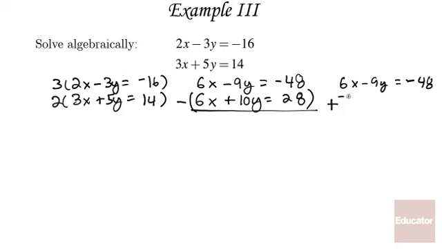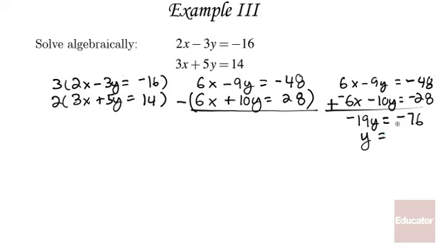So adding -6x minus 10y minus 28. Okay, when I do that, the 6x's drop out. And that's going to give me negative 19y equals negative 48, negative 28 comes out to negative 76.